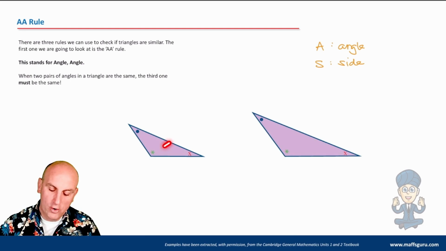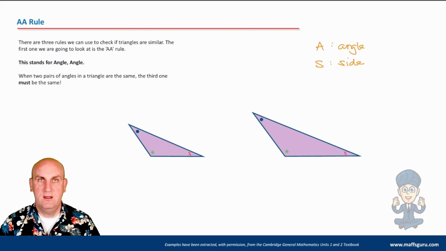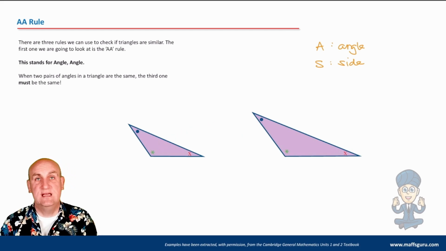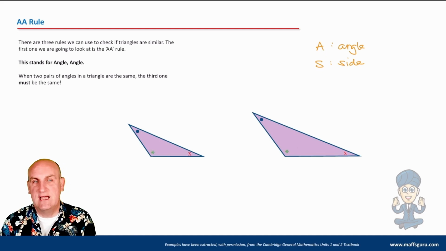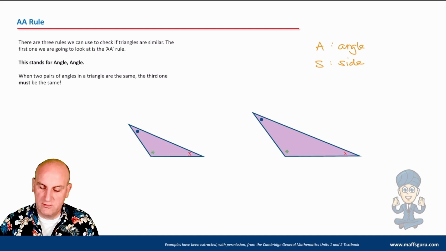And because all the angles are the same inside the triangle, they must be similar, right? Because the only way the angles will stay the same size is if the sides have all been grown by the same ratio. There's no other way. It's not possible to have the angles inside the same if the sides haven't all been multiplied by the same thing. So that's the AA rule, right?